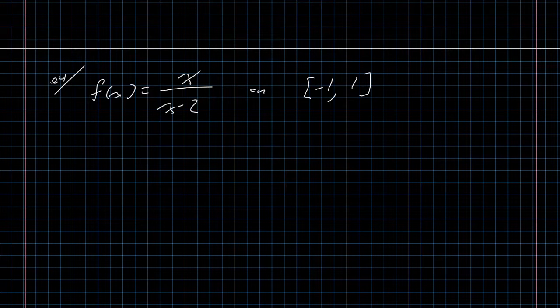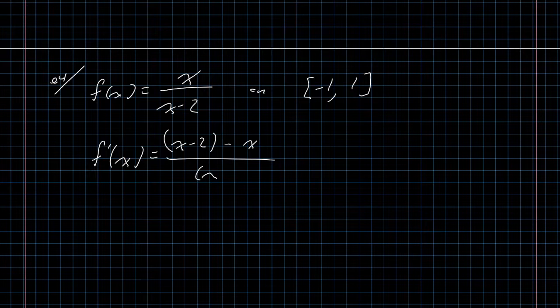All right, this is a rational function, so taking the derivative is not exactly pleasant, but as rational functions go, this one's not too bad. Derivative of the numerator is 1 times the denominator, x minus 2, minus the numerator, which is x, times the derivative of the denominator, which is 1, all over the denominator squared.